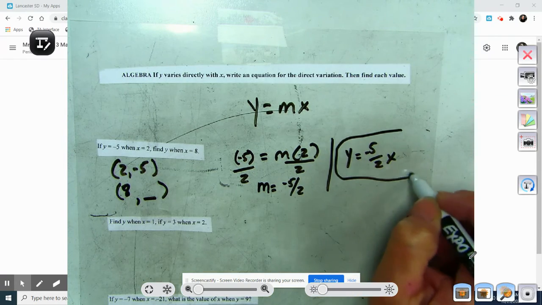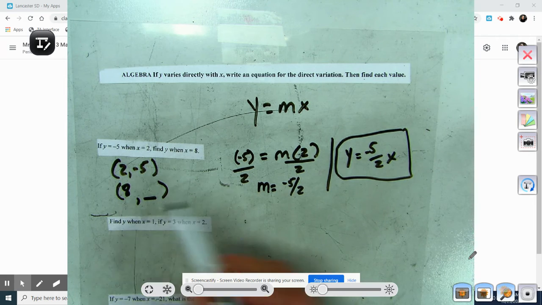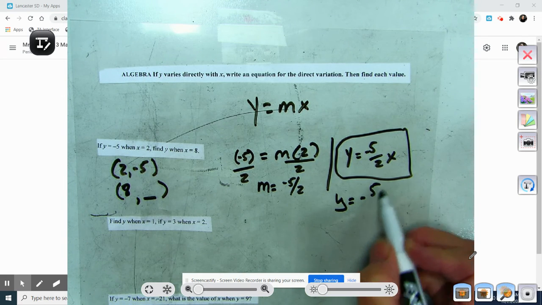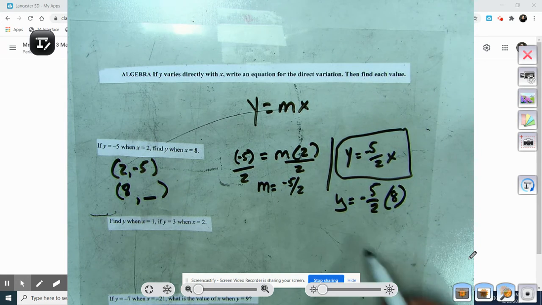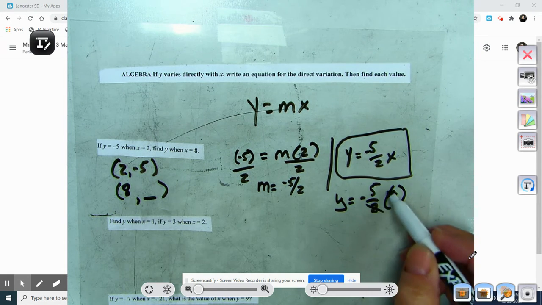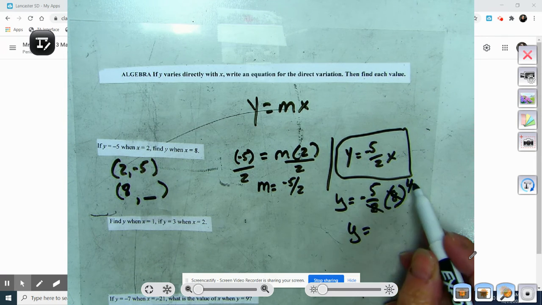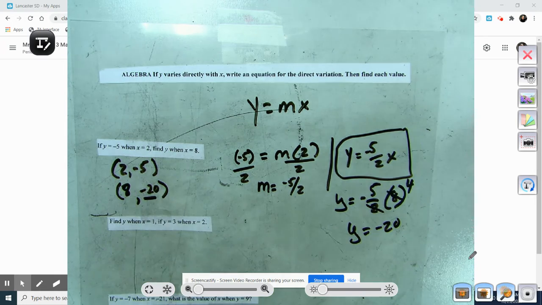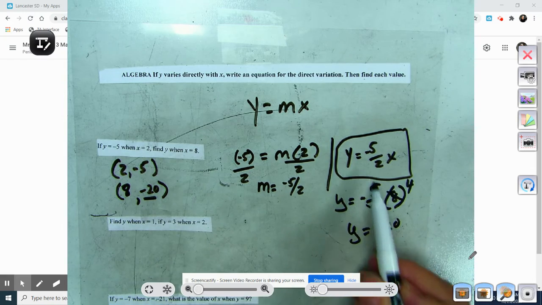This is the equation. Using this equation, plug 8 in for x. Y equals negative 5 over 2 times 8. 2 goes into 8 4 times. Negative 5 times 4 is negative 20, so our answer would be negative 20. So two answers, the value of y and the equation.